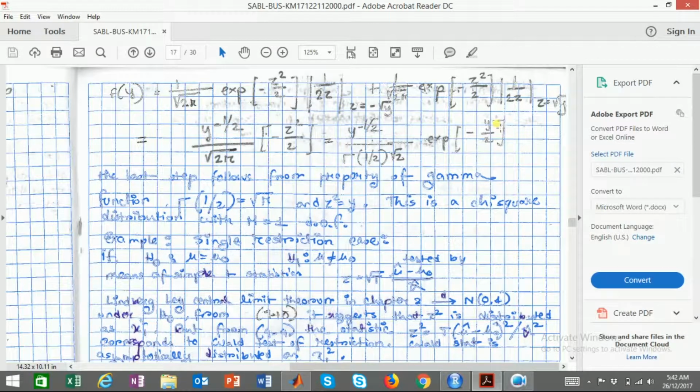Okay, y by 2z is equal to root over y plus minus root over y. So gamma 1 by 2, root over 2, exponential of this.